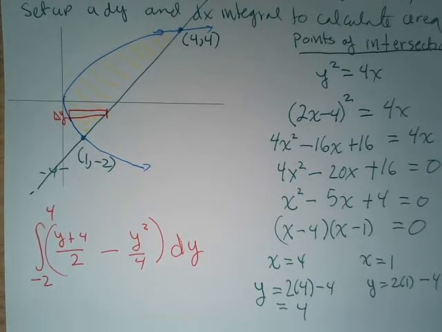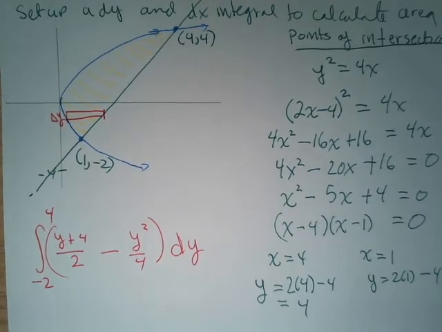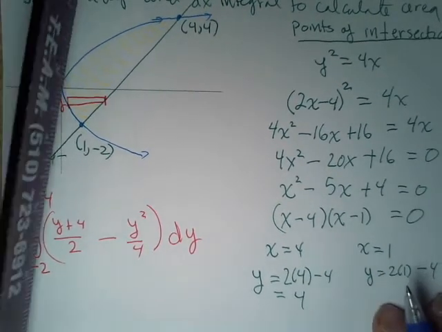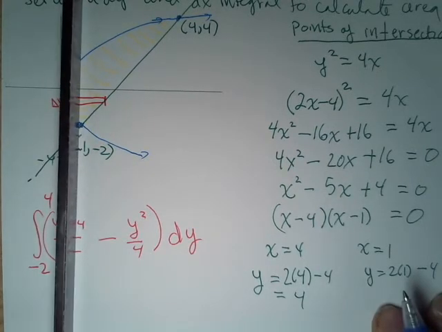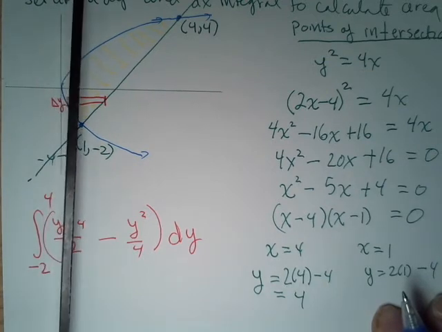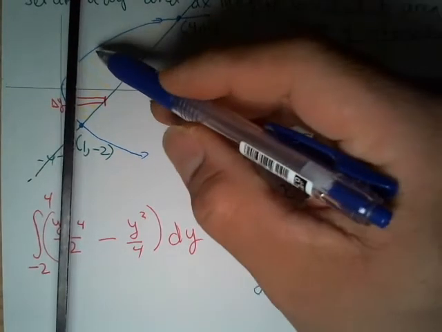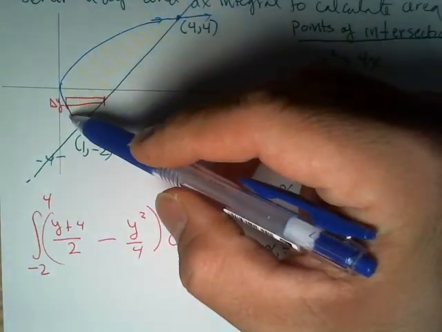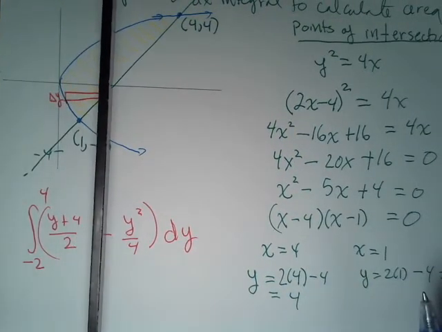So now let's take a look at what the dx version would look like. For the dx, I take my ruler out here and I notice that I have a change in curves. At this point in the interval, the top curve is the top part of the parabola, the bottom curve is the lower part of this parabola. But then after x is equal to 1, that changes.